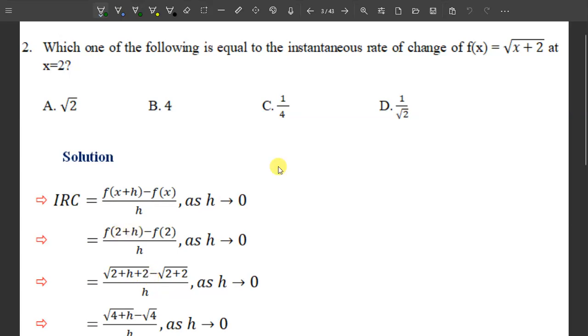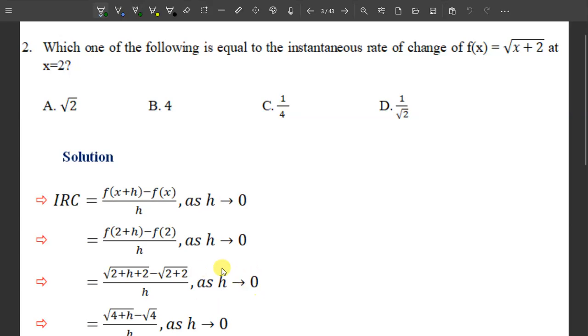Replace x by 2 plus h, and then we have the previous 2 here. Then add these two expressions together. And the minus f of 2 means it is the square root of 2 plus 2, over h, as h goes to 0 or as h approaches 0.